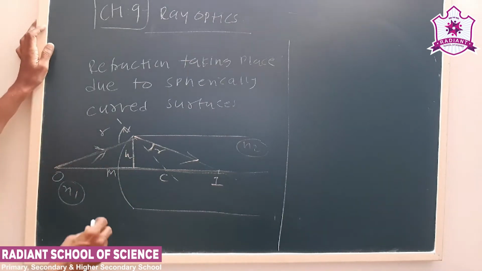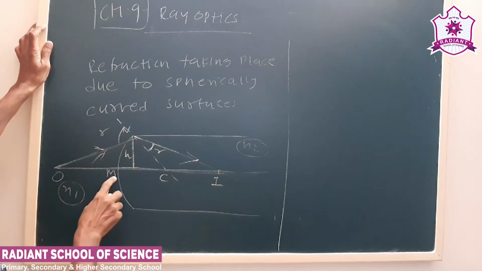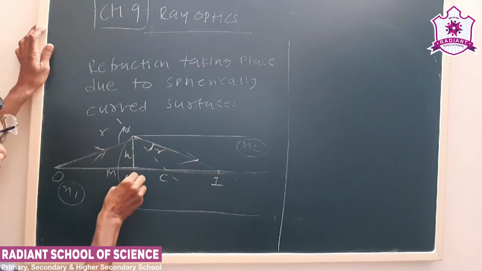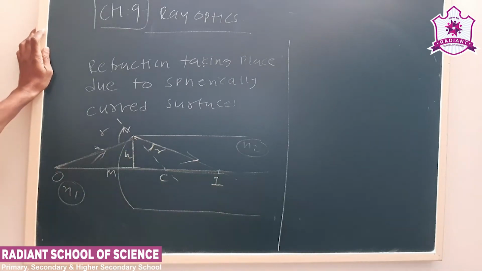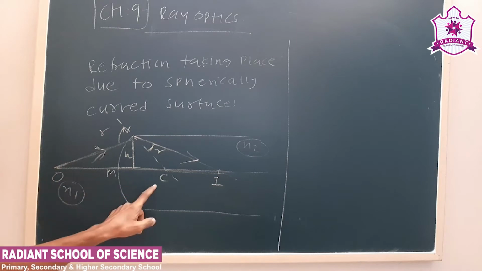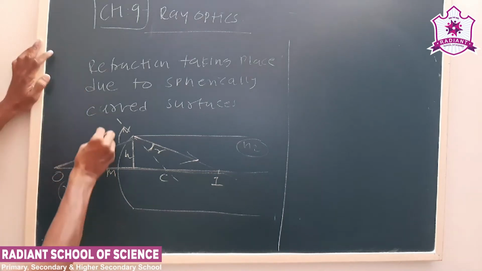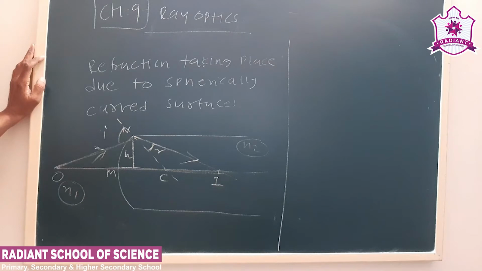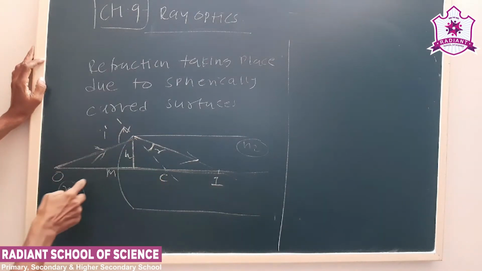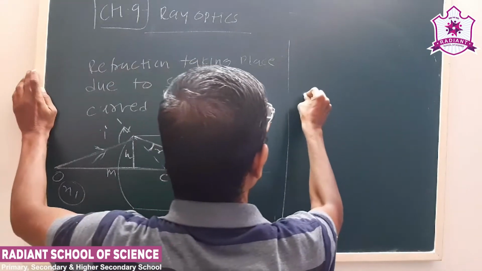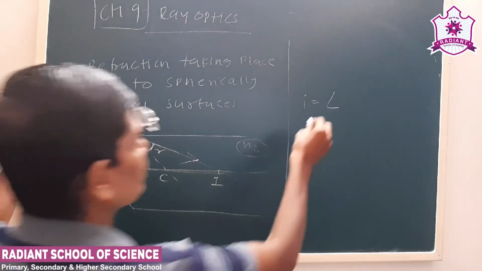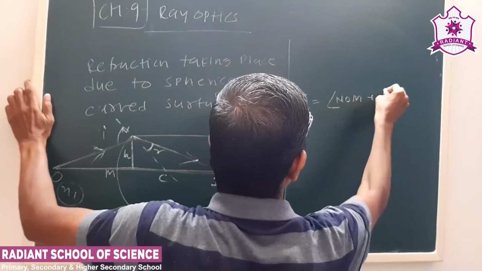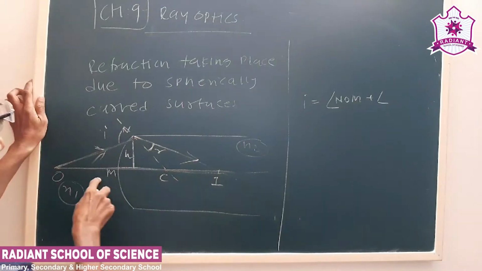Now see triangle NOM. Now we can consider this M dash also. Now we consider triangle NOC. This angle is i, the exterior angle, so it is the sum of NOM plus NCM. We can write angle i as angle NOM plus angle NCM.